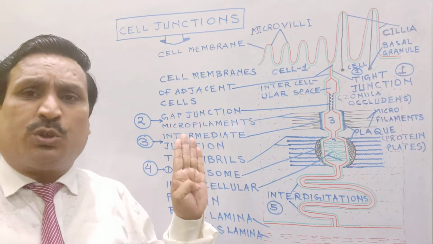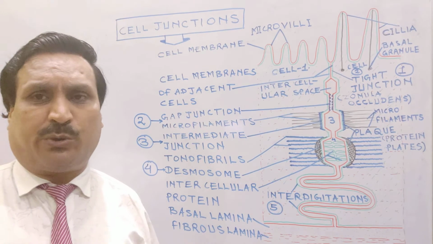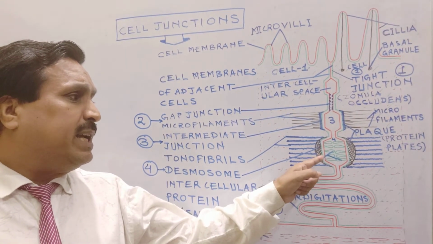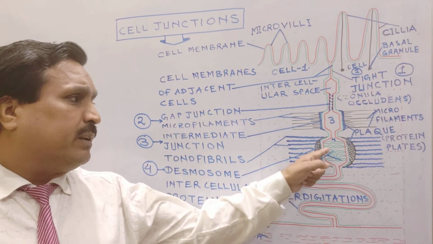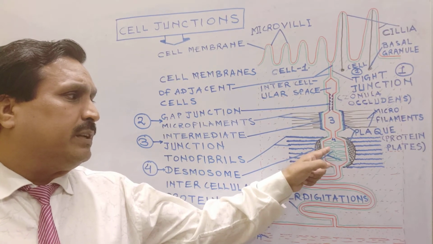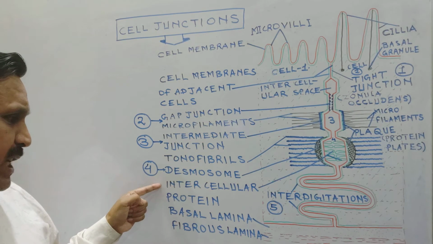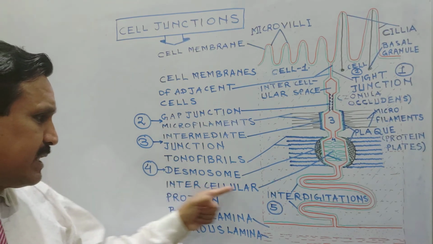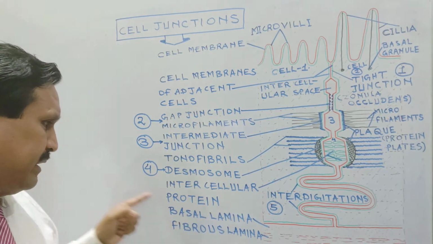And the fourth most important thing that you are going to understand is that in case of desmosome, intercellular proteins are present. Here is intercellular protein.